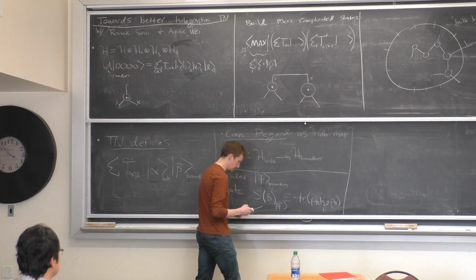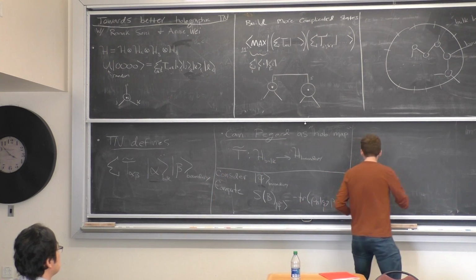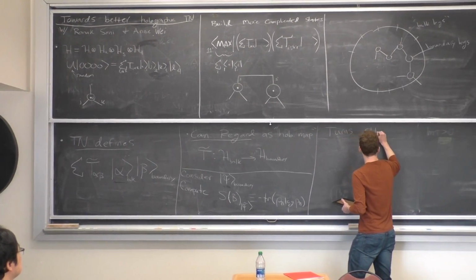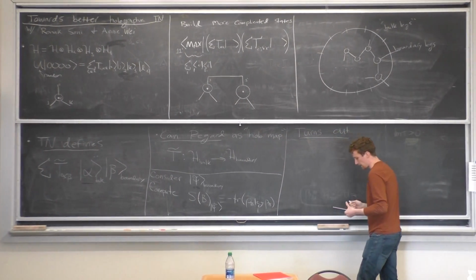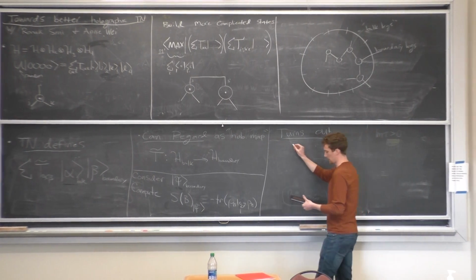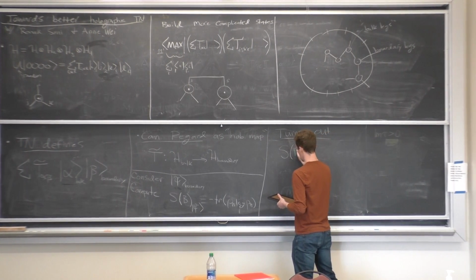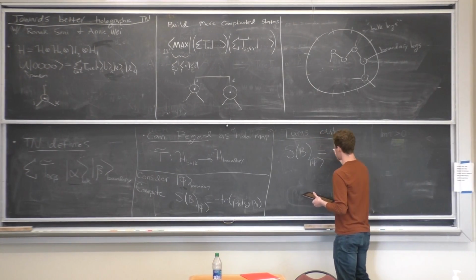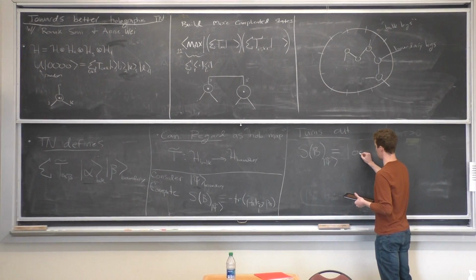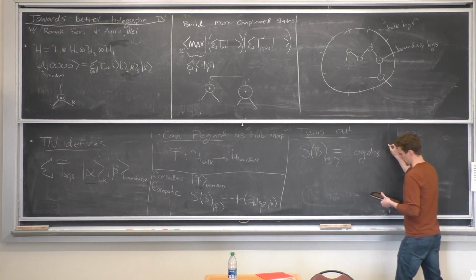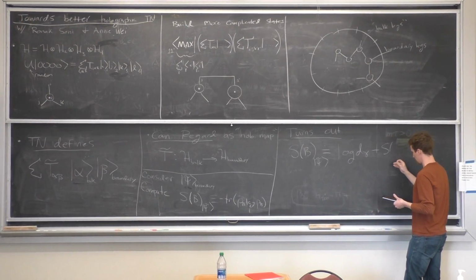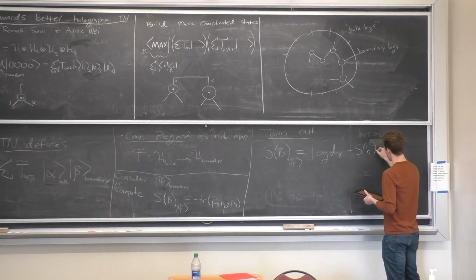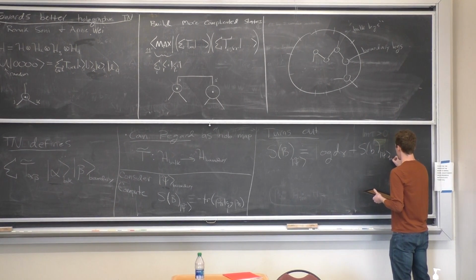So you want to compute this, and it turns out that it's given by a very nice formula. It equals, I'll write it this way, log of d gamma plus S of little b in the state psi.